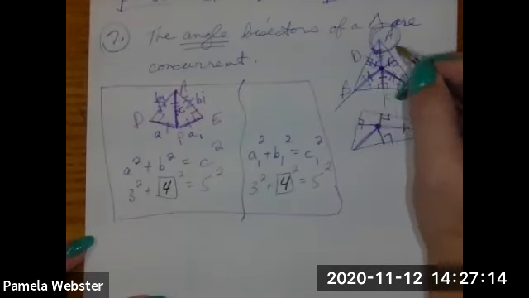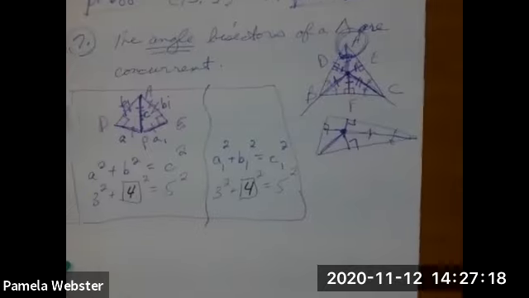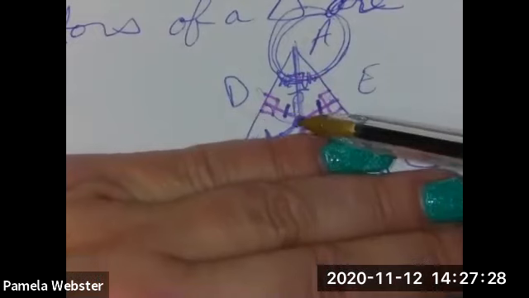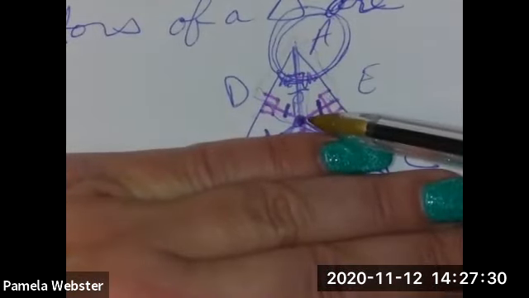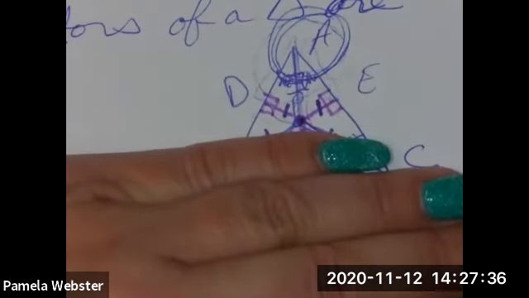So 1, 2, 3. I think 3. Yeah. There we go. Since these two triangles right here are congruent, their angles up here have to be congruent also. Corresponding parts of congruent triangles are congruent, right?